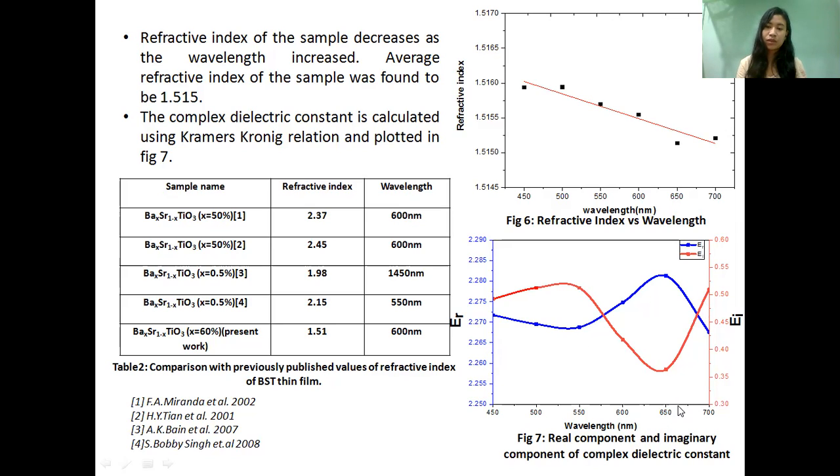The maximum value of the real part of dielectric constant is found near 650 nanometers. Table number 2 presents the comparison of refractive index of the present work with the previously published values of refractive index of the BST thin film.